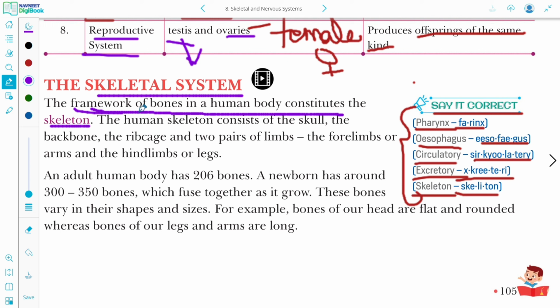This means the skeletal system gives shape and strength to the body, and it is the basic structure. Okay bachche? The human skeletal system consists of skull, backbone, rib cage, two pairs of limbs, that is forelimbs and hind limbs. Forelimbs are arms and hind limbs are legs.